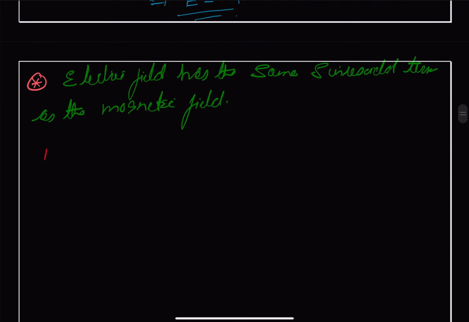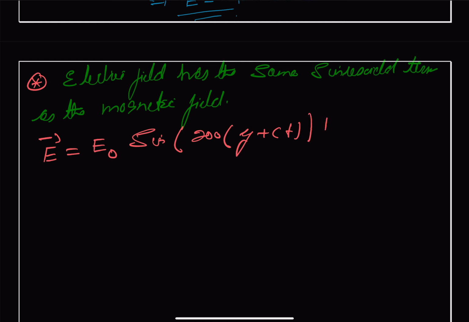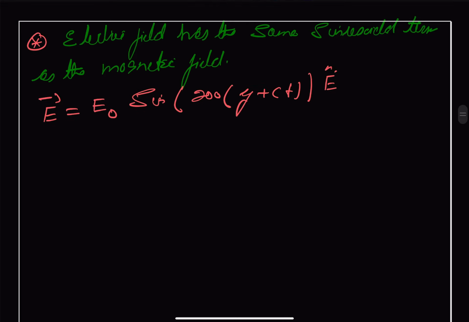Therefore, we can write that our electric field will be equal to E naught sine of 200 y plus ct, times the direction unit vector of the electric field. We substitute the values.